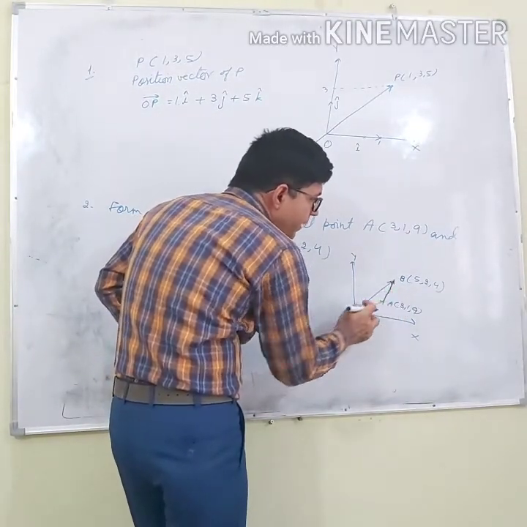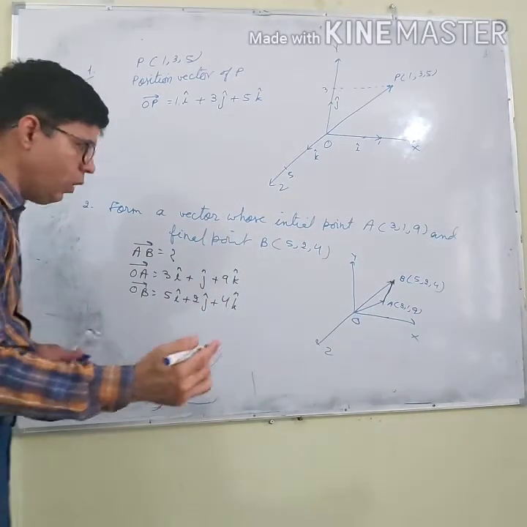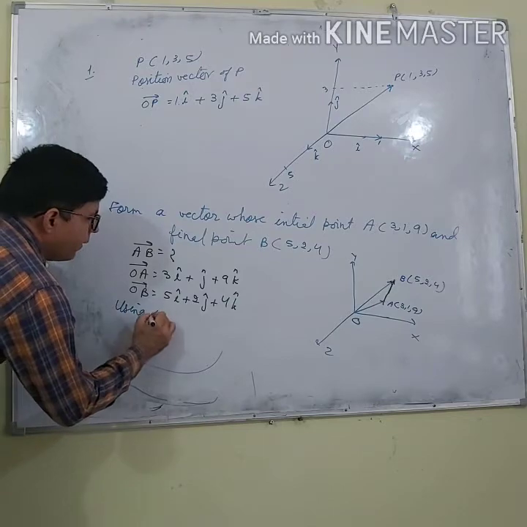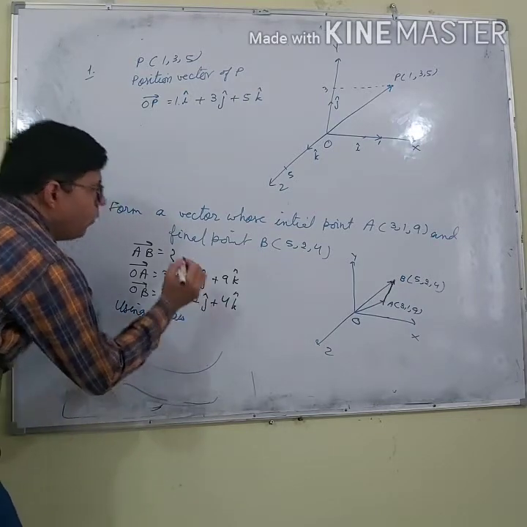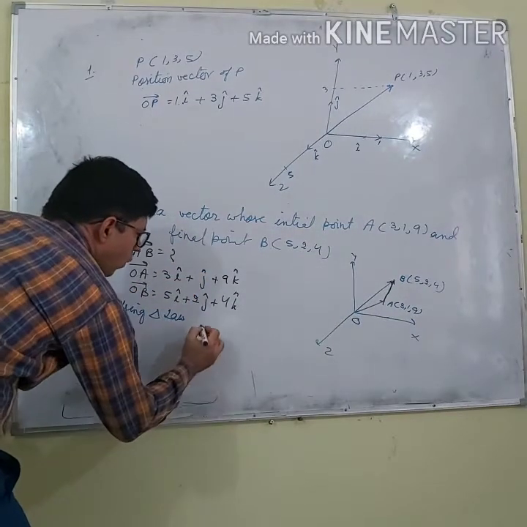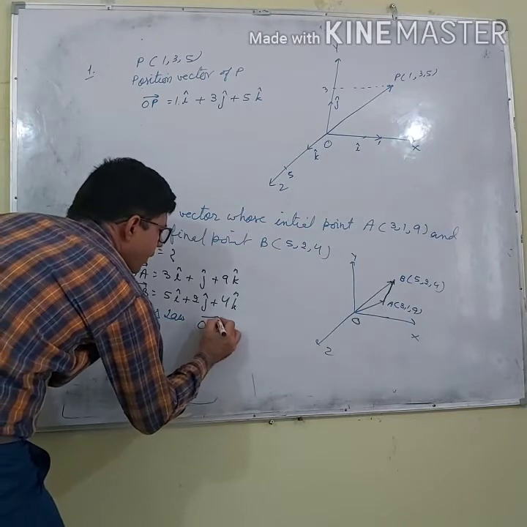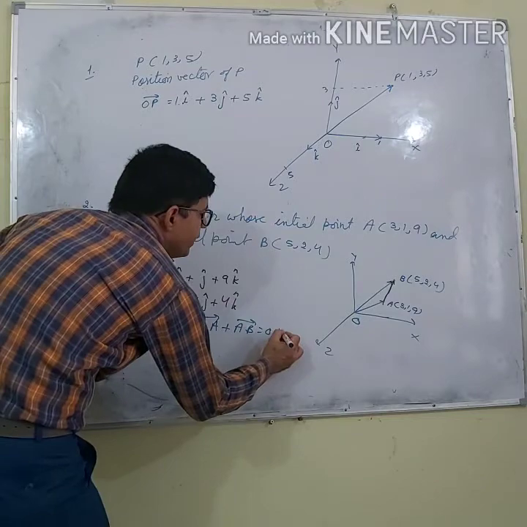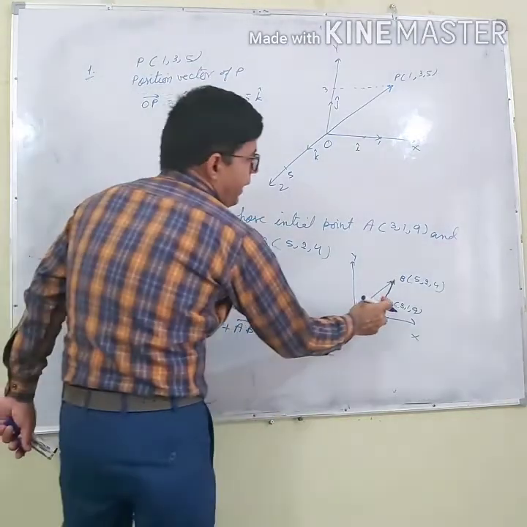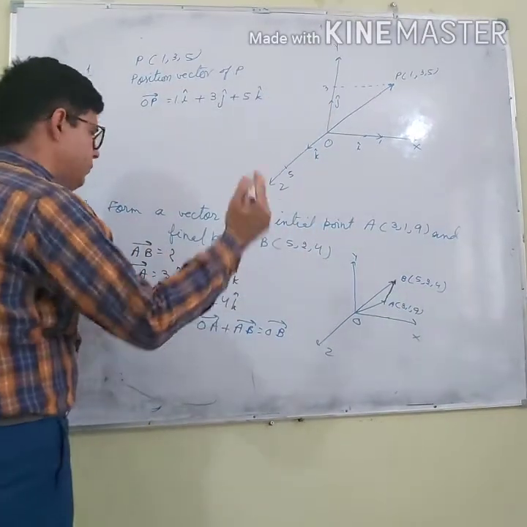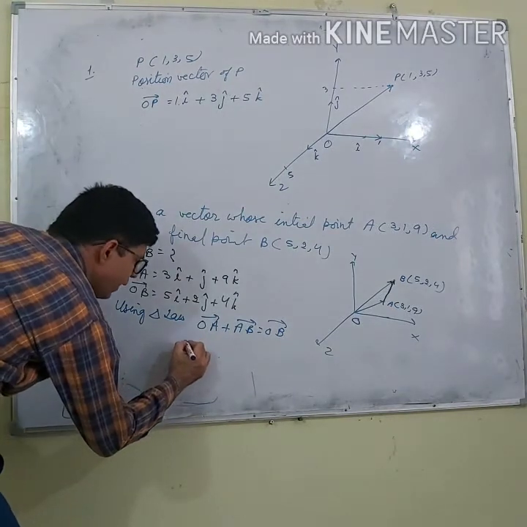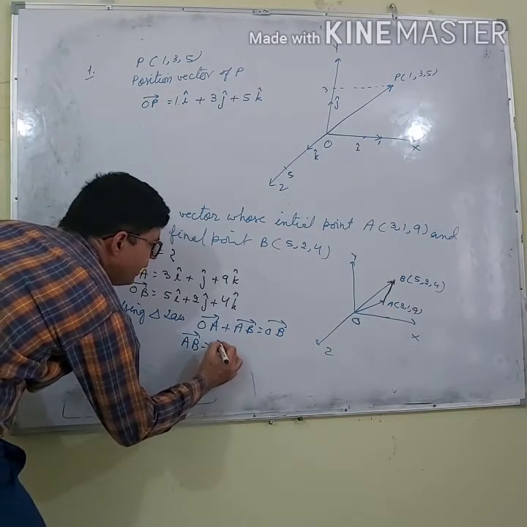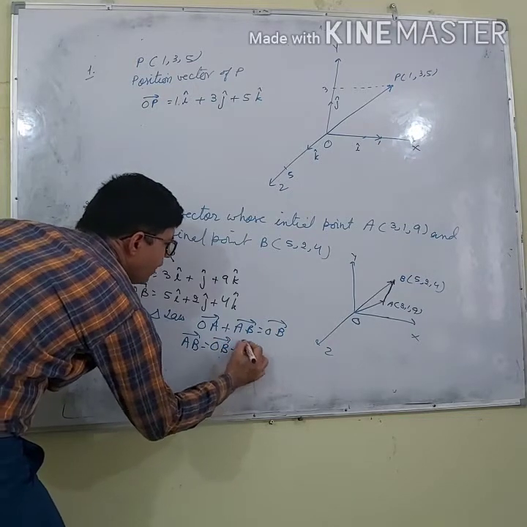OA plus AB equals OB, using the triangle law. Why? OA and AB are in the same order. So this AB equals OB minus OA.